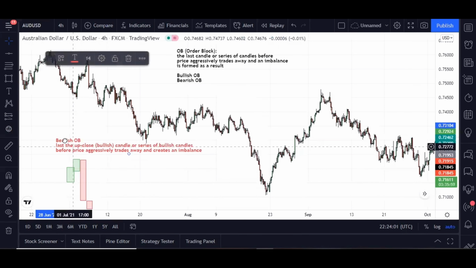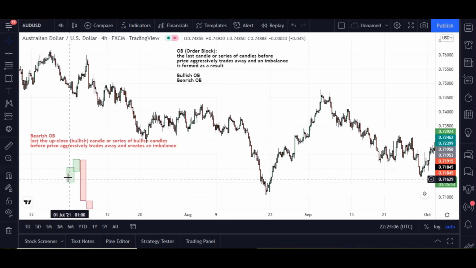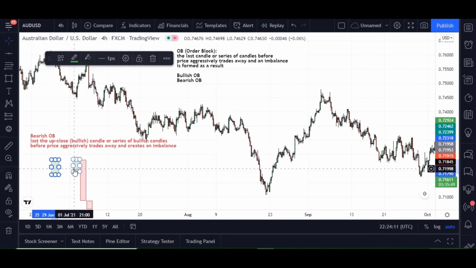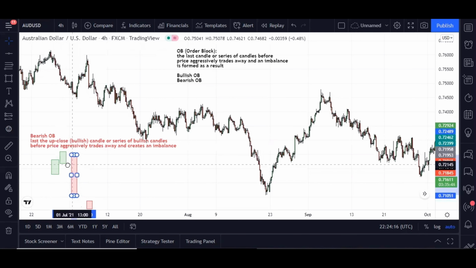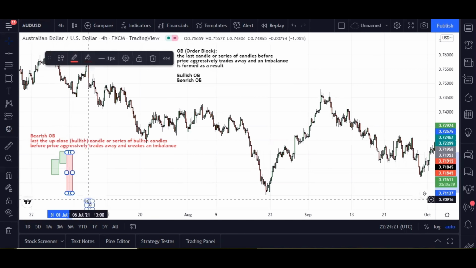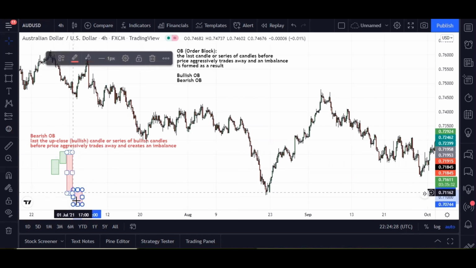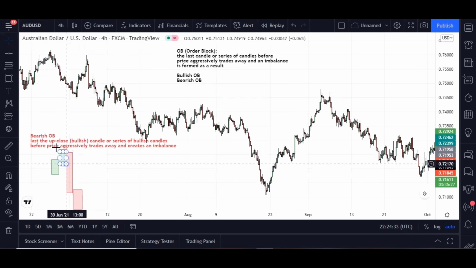It's up here so you all can see. Thank you guys for being patient. It's a little bit bigger so I can actually grab it. All right. That is a bearish order block.